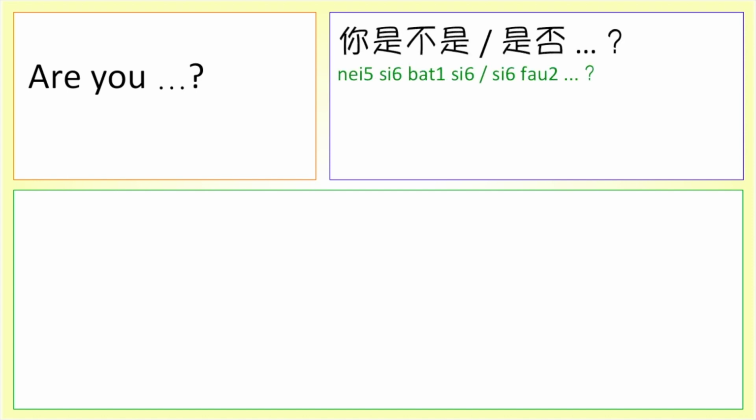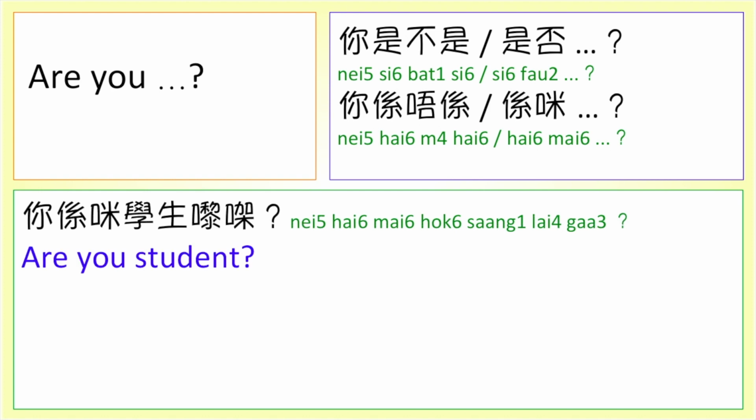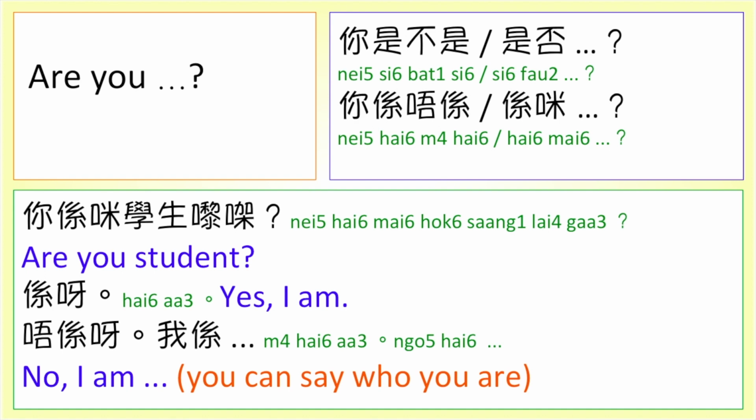Are you? In written Chinese, we say 你是不是？你是否？ In Cantonese, we say 你係唔係？你係咪？ For example, 你係咪學生嚟㗎？係啊。唔係啊，我係。 Will you?